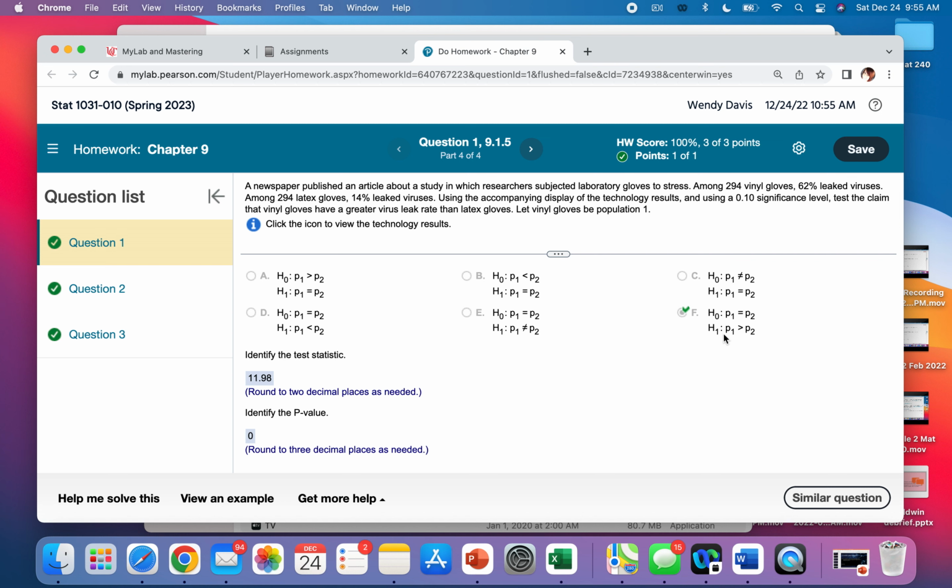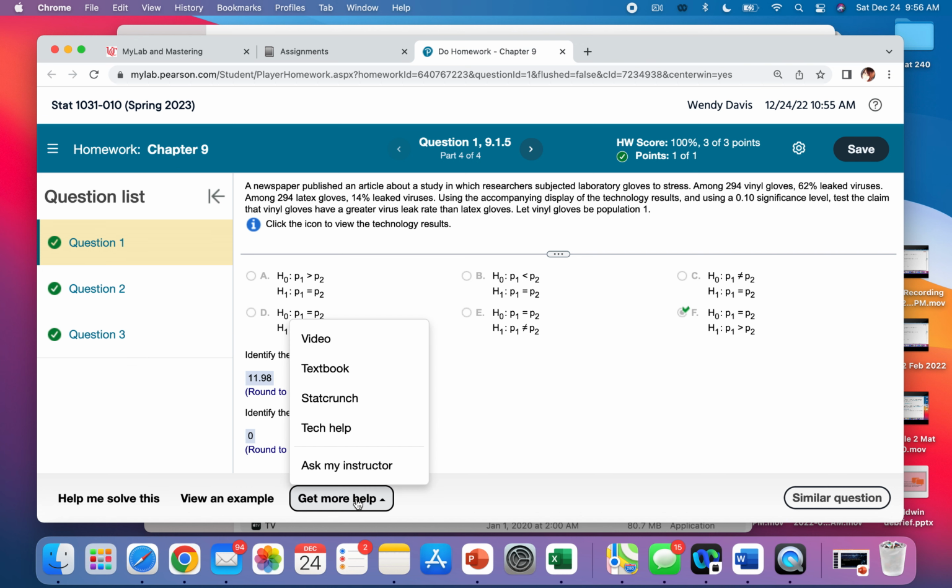P1 is vinyl, it said greater for vinyl than P2 latex. Anytime you use greater than, that goes in your H1, your alternate, and that makes the H0 always have equal. To get our test statistic, we're going to go to Get More Help, StatCrunch.